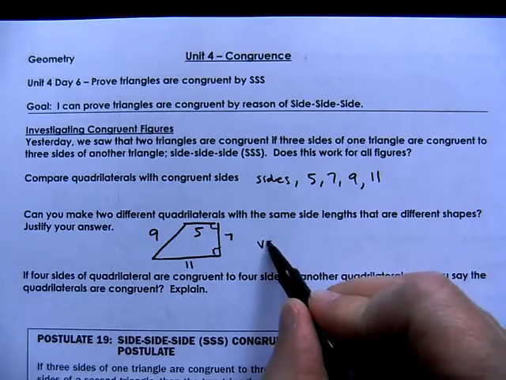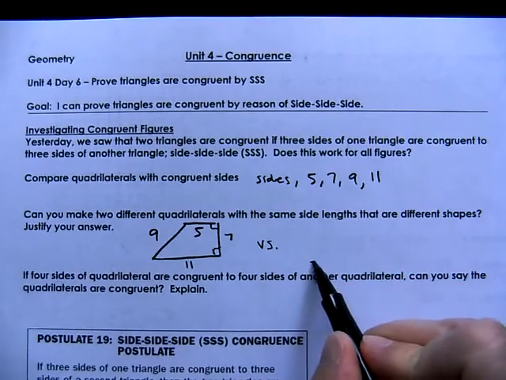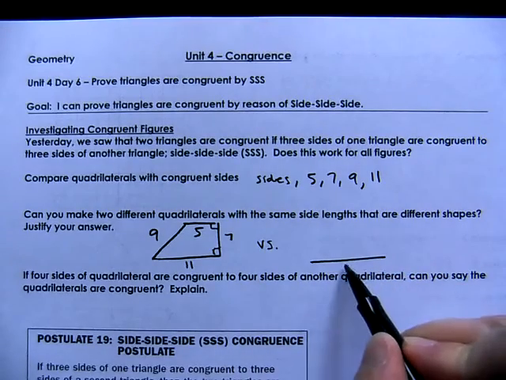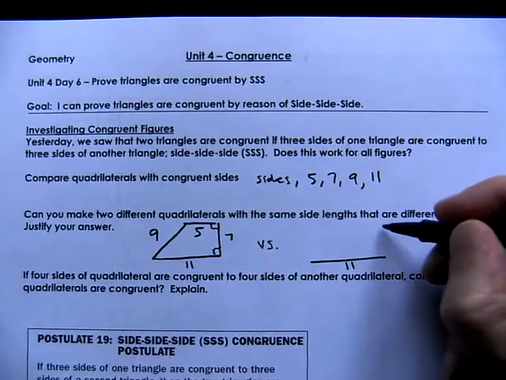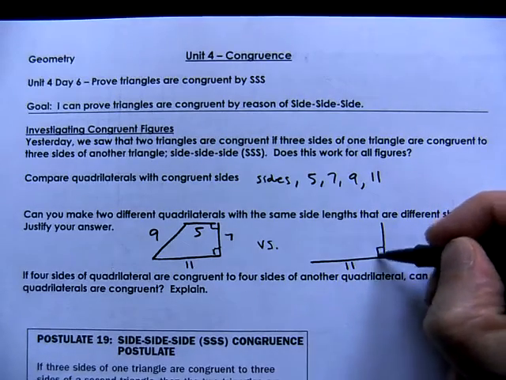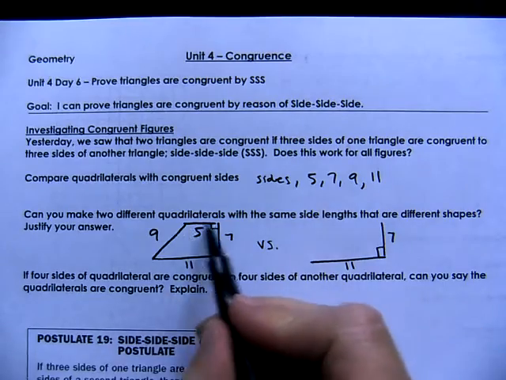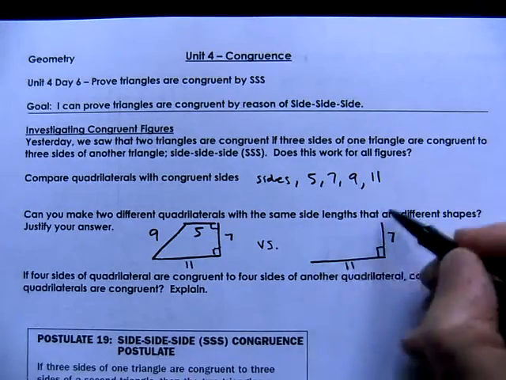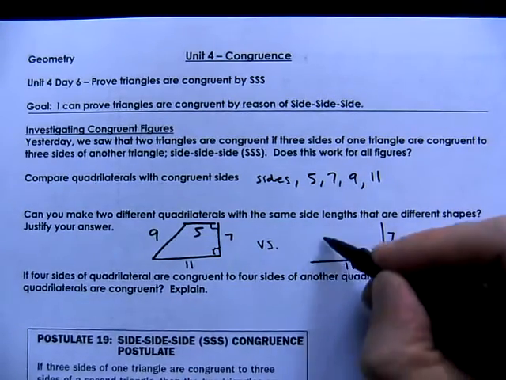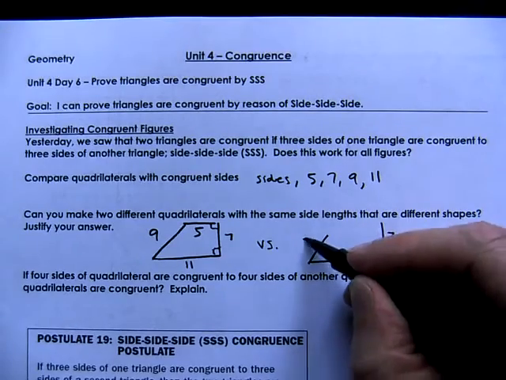So let's compare that with this shape again. So the long side of 11 is on the bottom, and there's the length of 7 on the right. If we take the length of 5 and the length of 9 and we switch them around, well then my short length of 5, it's not going to reach the whole way across. It would have to be something like this.